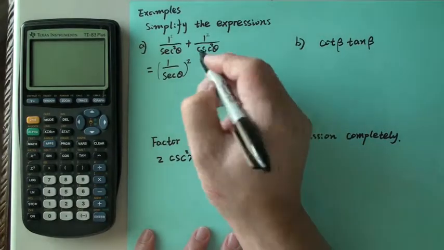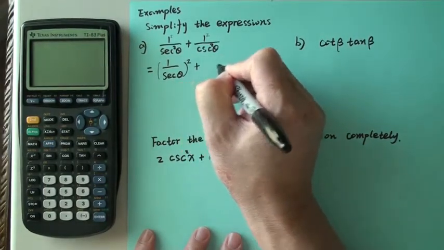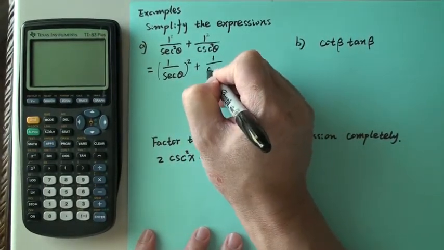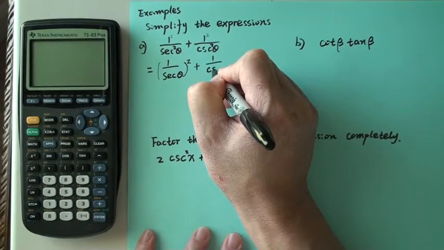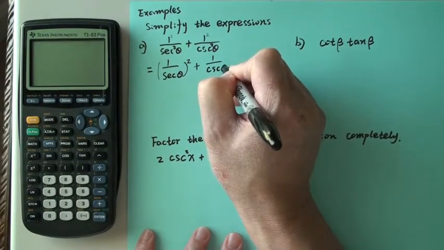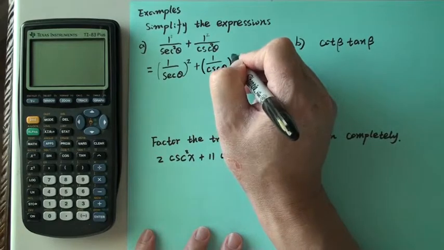Okay, so is the case for this one, 1 over cosecant theta and then squared.